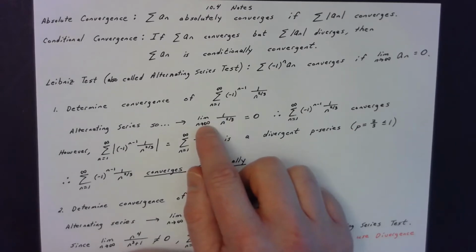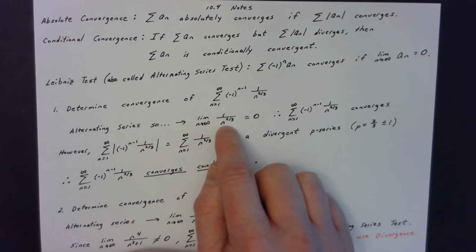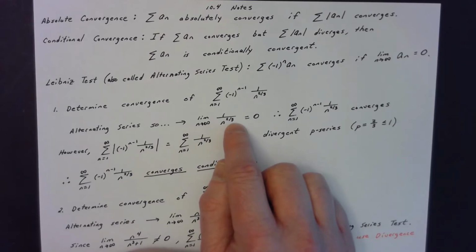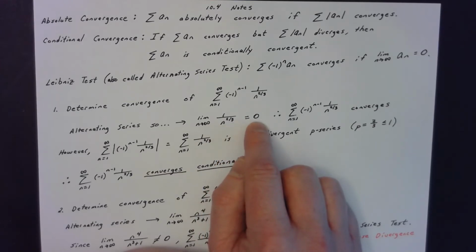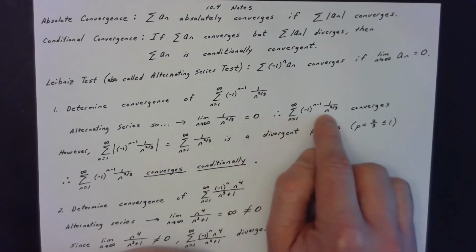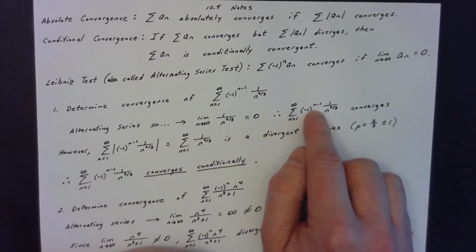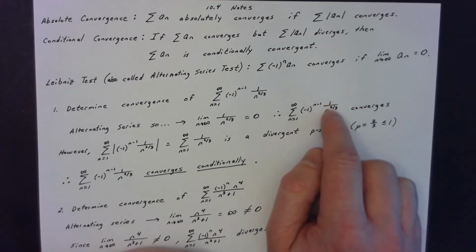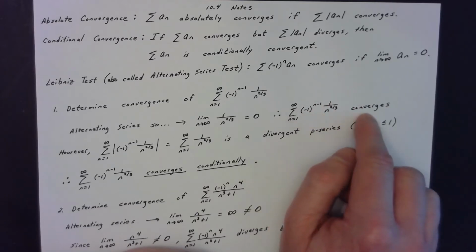And I can see as n goes to infinity, 1 over infinity to the 2/3 power is going to be 1 over infinity, which has a limiting value of 0. So therefore this series converges.